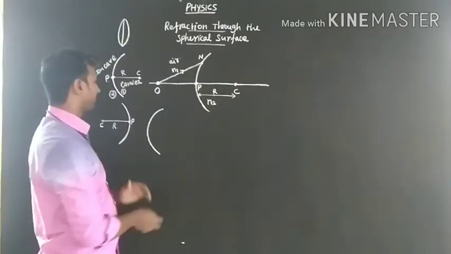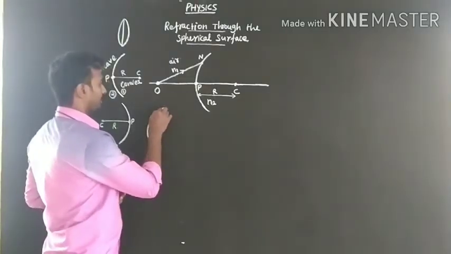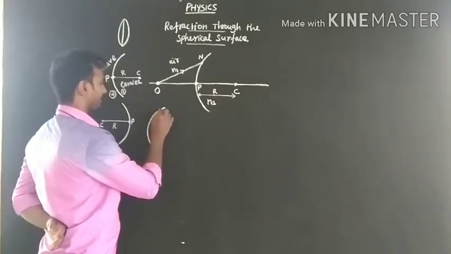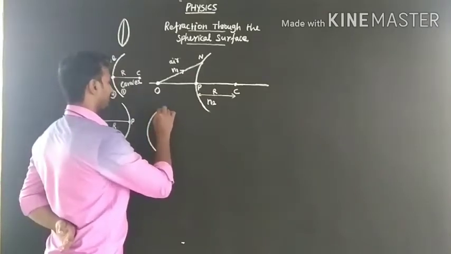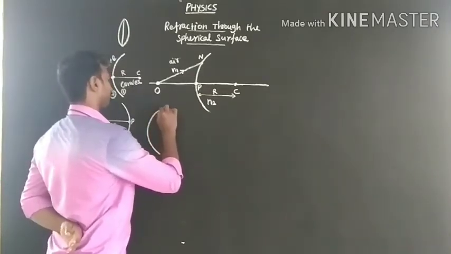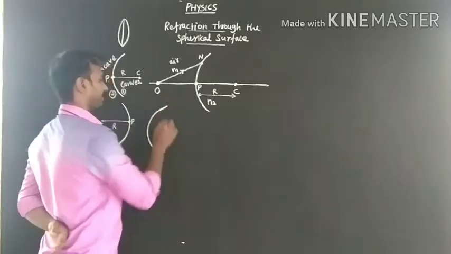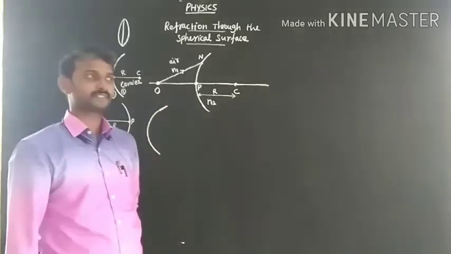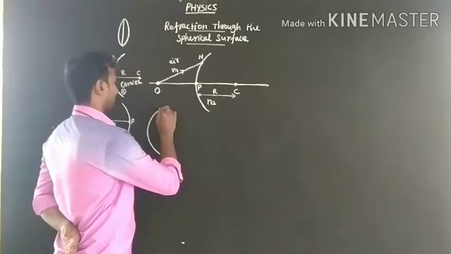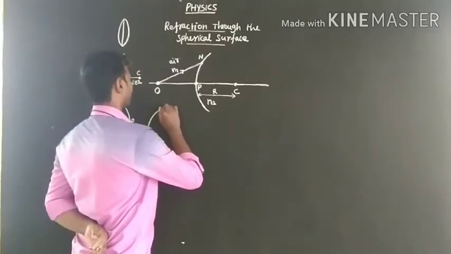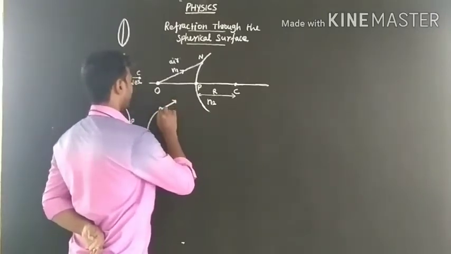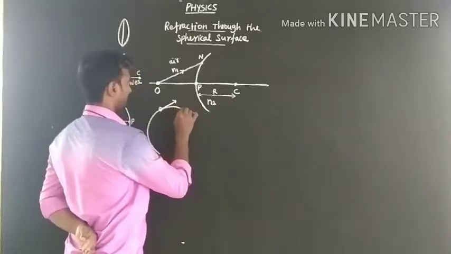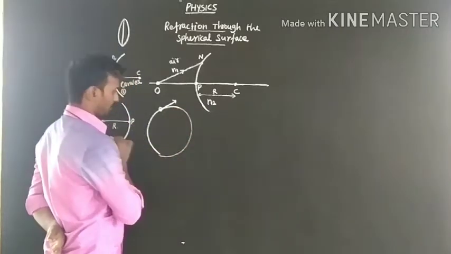Yes. To identify the normal at the point of incidence, for example, if any object moves on a circular path, the direction of motion of the object is always tangential to the circular path.